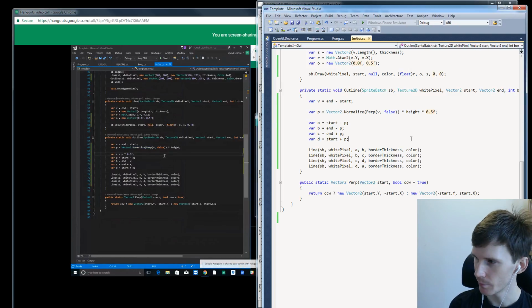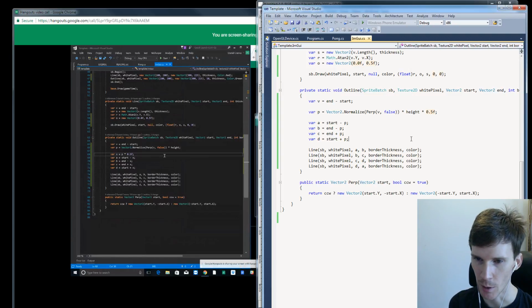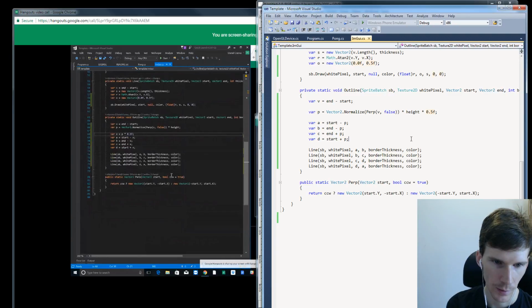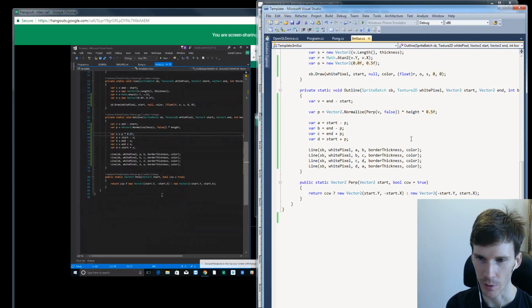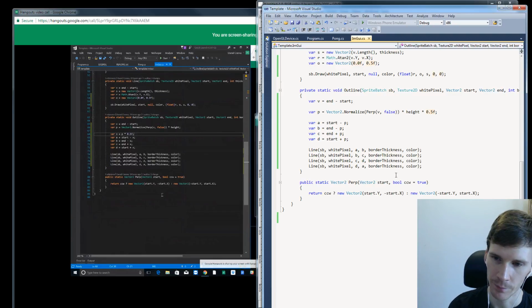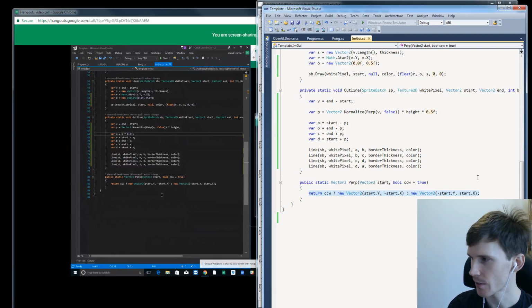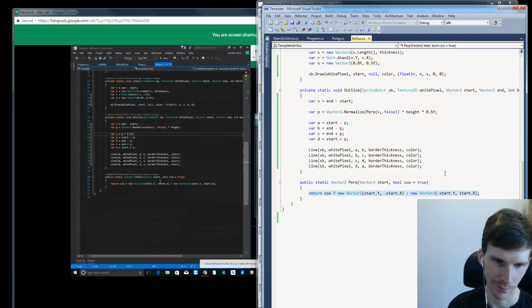That's all right. So let's roll down to the perp function. Maybe we don't need the configurability of this. Well, yeah. So there's two things we can do. First of all, this is a bit ugly for game development stuff.